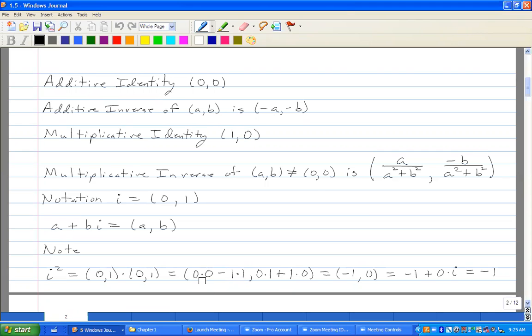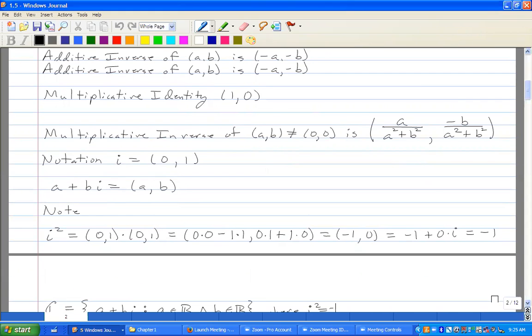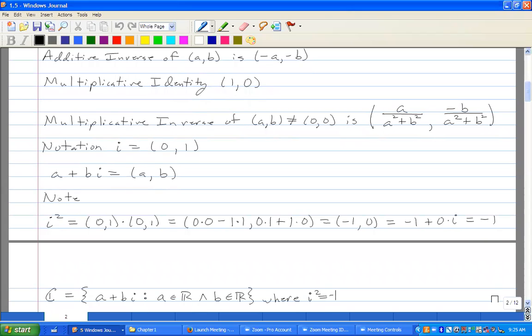And so I get (-1, 0). But in this notation, this is just -1 plus 0i, or -1. So I have that i squared is -1. And so I've now made sense of the square root of -1. Well, it's just the ordered pair (0, 1).